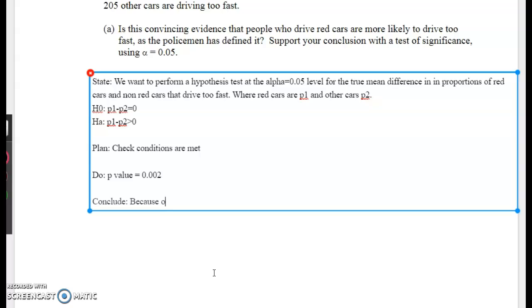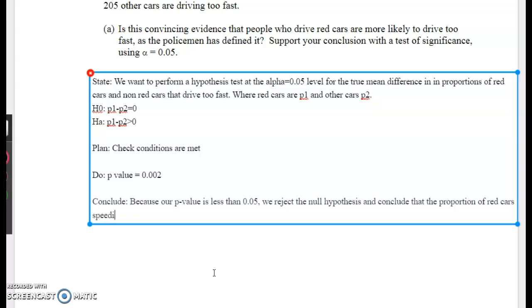Because our p-value is less than our alpha 0.05, we reject the null hypothesis and conclude that the proportion of red cars speeding is greater than other colored cars.